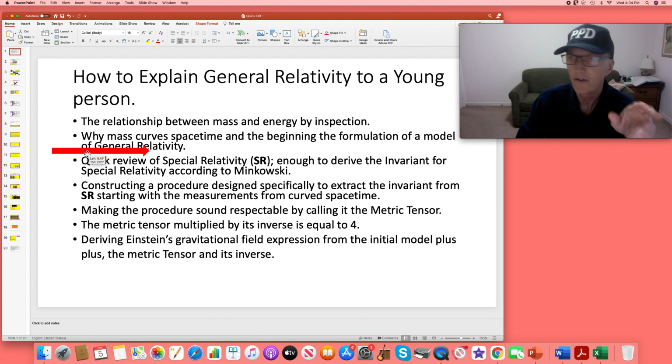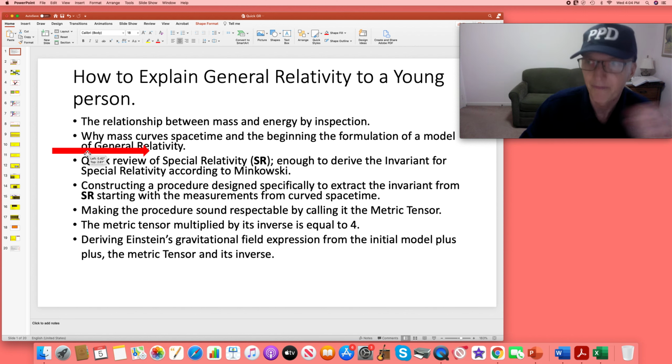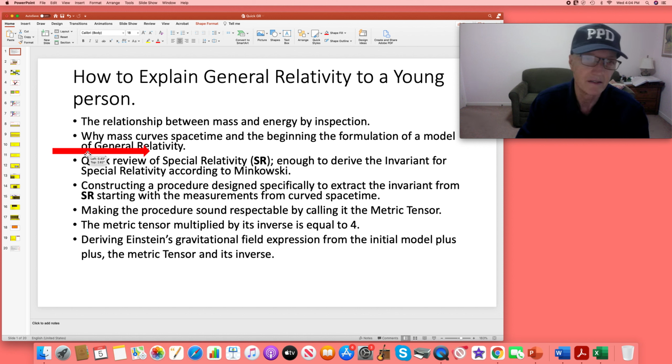Then we're going to review special relativity. In my GR 1 and 2, I went through and derived special relativity in great detail, and also derived the Lorentz transformations from geometrical ideas, to prove that the theory was correct, which it was and is.